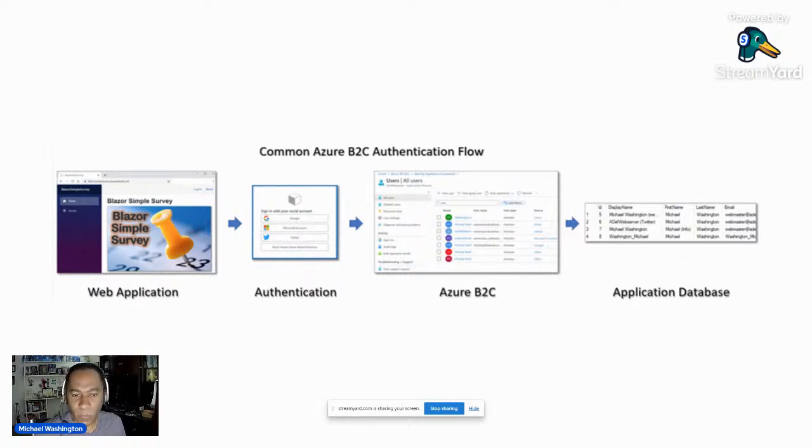So when they log in or create an account, their account is now stored in the Azure B2C tenant, and then they're directed into the application. In addition, the application can also store information in the application database, and I will cover the steps on how to do that.